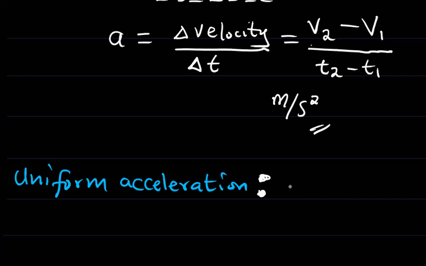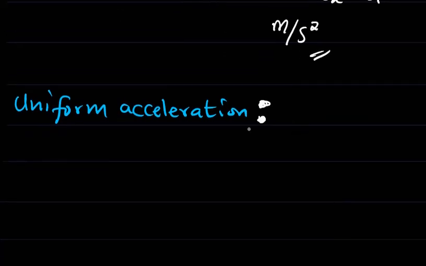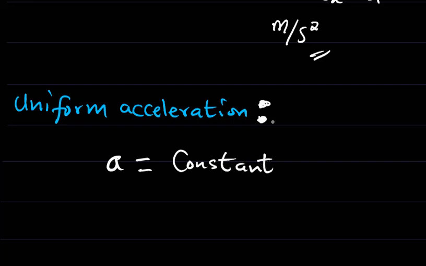Let me put it this way. An object is said to have a uniform acceleration when the acceleration at all points during the journey is constant. So at any time in the journey, the acceleration is constant.